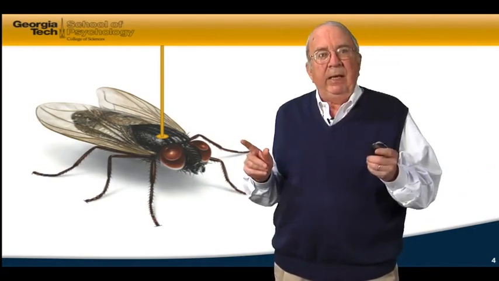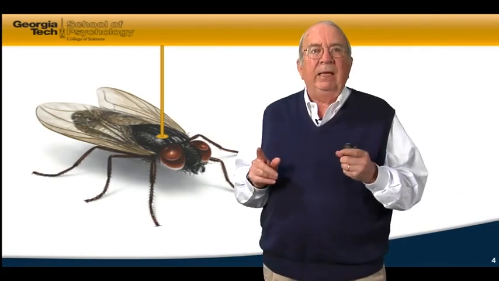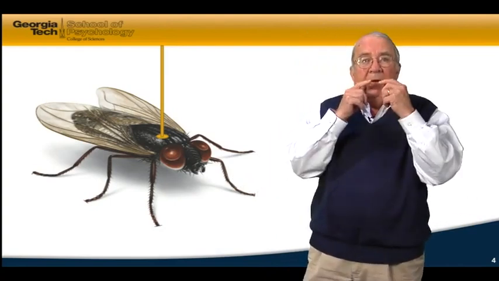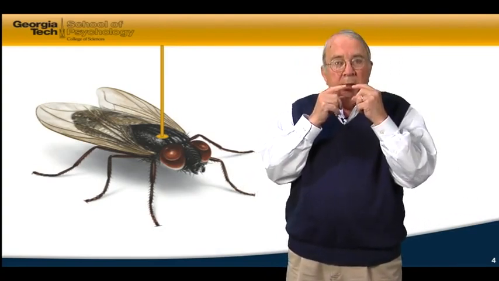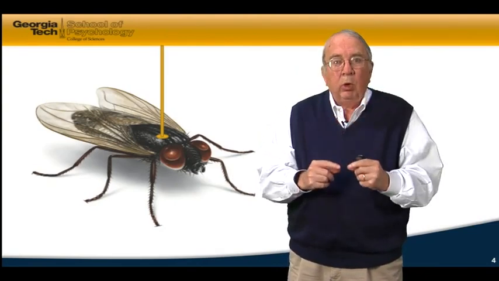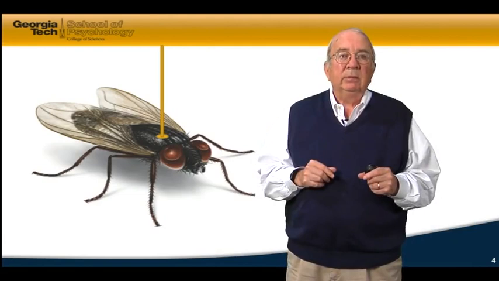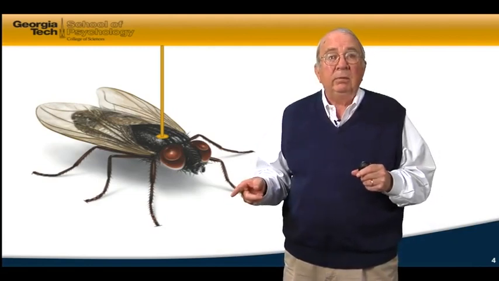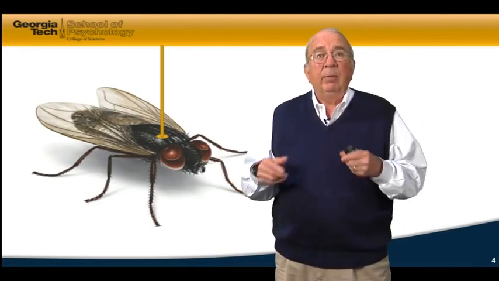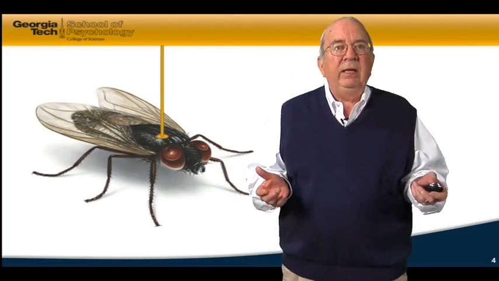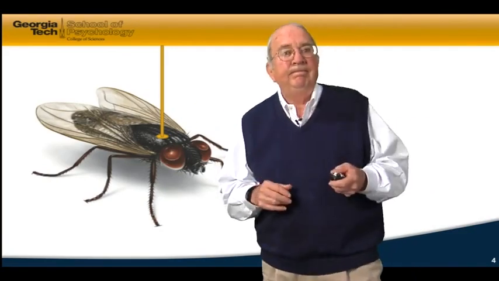Now, we're interested in feeding behavior, and it's easy to tell when flies or other insects of this type are eating because they have a mouth which is called a proboscis. And when they're feeding, the proboscis really unrolls and they suck the food through the proboscis. So if the proboscis is down, the fly is eating, and if the proboscis is up, the fly is not eating. So it's an easy way to tell whether the behavior that we're interested in, feeding or eating, is occurring.